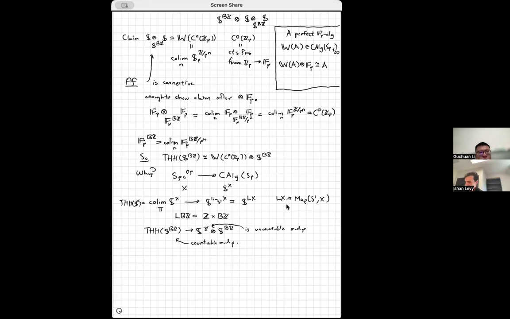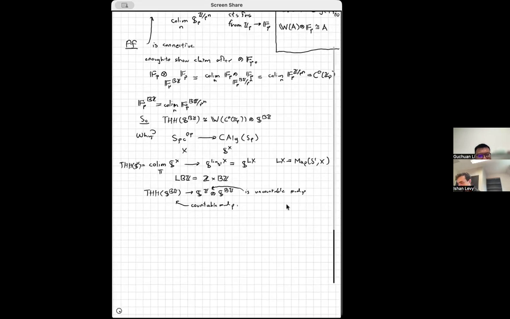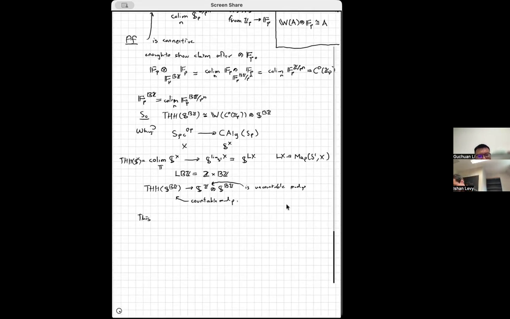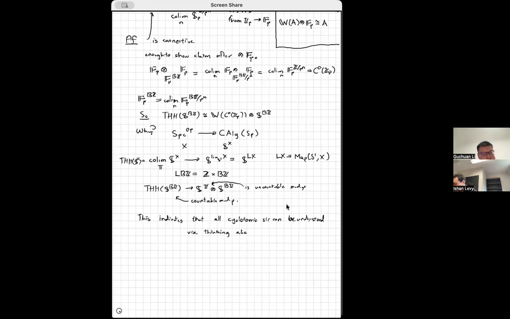And so really, this is just some continuous version of cochains on the free loop space of BZ. That's what you learn from thinking about this. And so what this indicates is that all of the cyclotomic structure can somehow be understood via thinking about the free loop space on BZ.